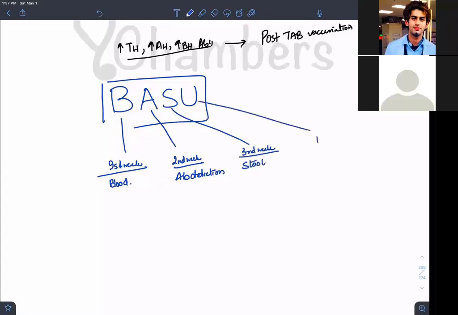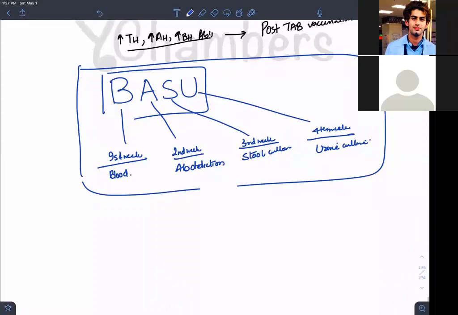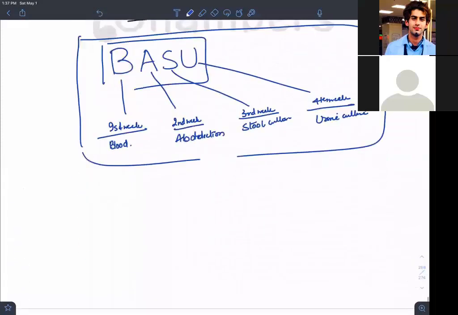Fourth week you will go for urine culture. Is it clear how to remember which week to take? I hope you are understanding this.